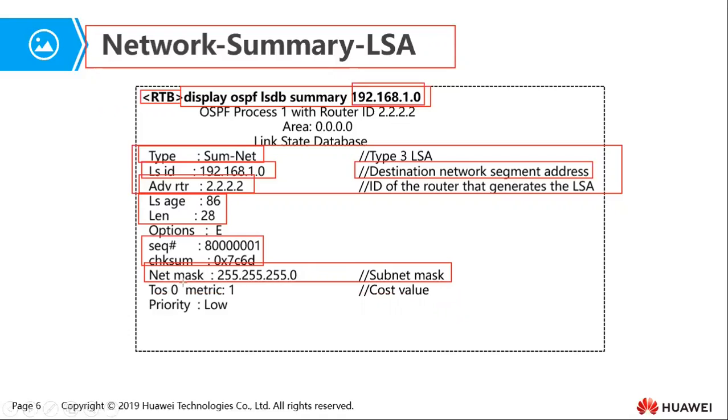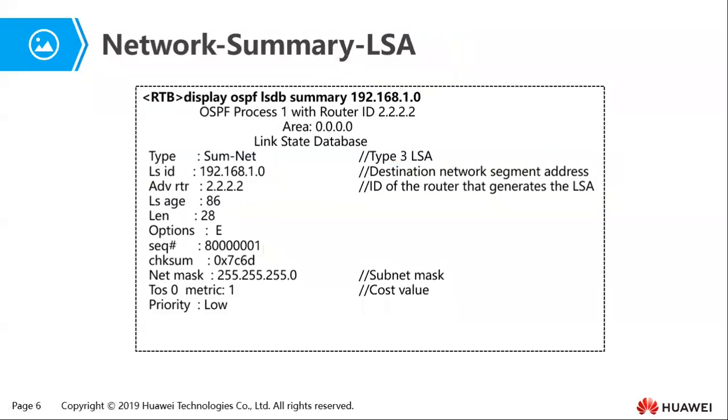Then the metric is the cost of the route from the area border router to the destination network.